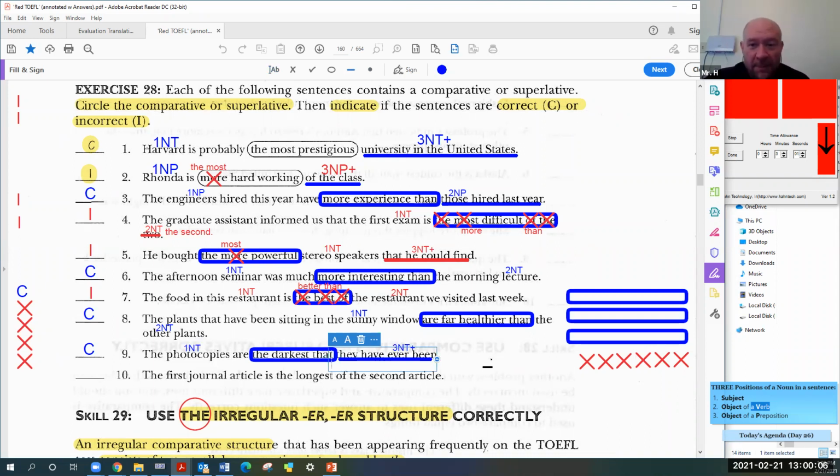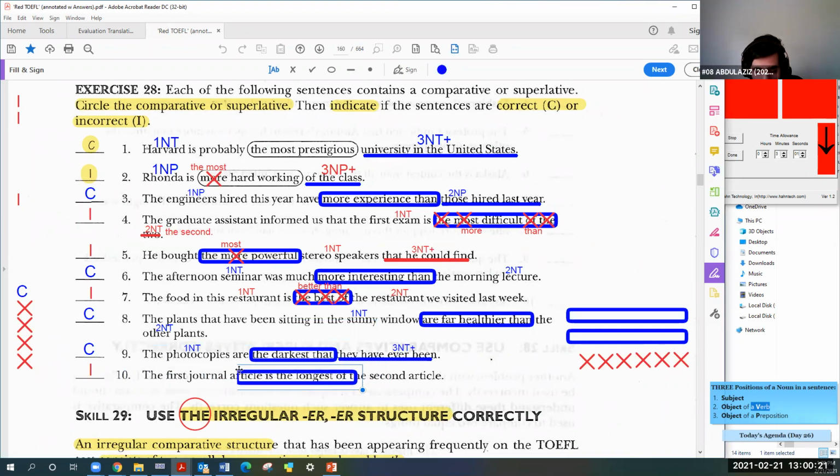All right, Abdulaziz, do the last one. Incorrect. Incorrect? Yes. The longest. Where should I put the circle? The longest. Should be longer than.